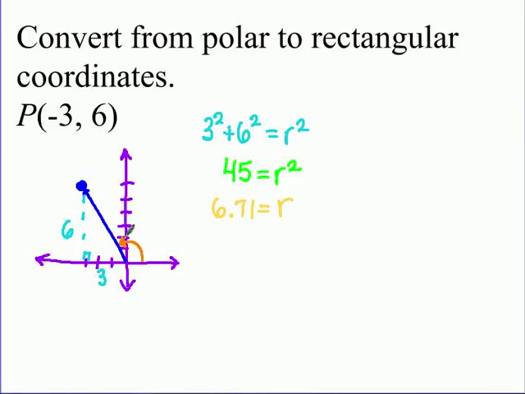But I can't find the orange angle until I find this angle, the inside angle. So if I look at this triangle, 6 is the opposite side, 3 is the adjacent side. So what ties in opposite and adjacent? Tangent. So the tangent of this angle, we'll call it theta, is going to equal 6 over 3.